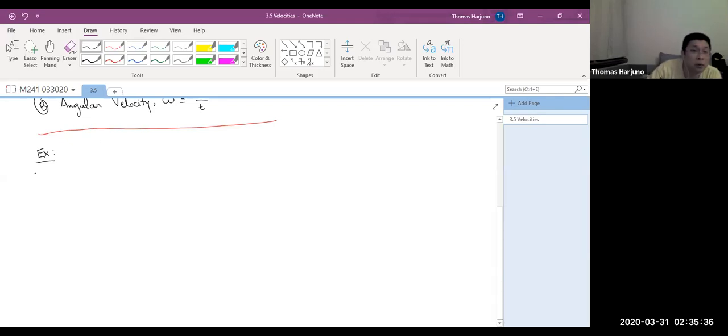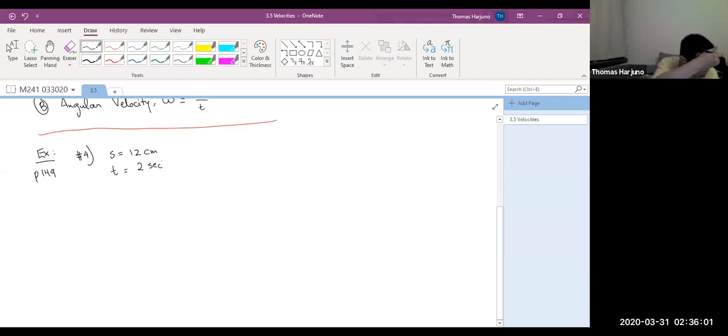For example, we look at page 149. Let's say we do number 4. Number 4, we have the distance traveled to be 12 centimeters, and the time is 2 seconds.